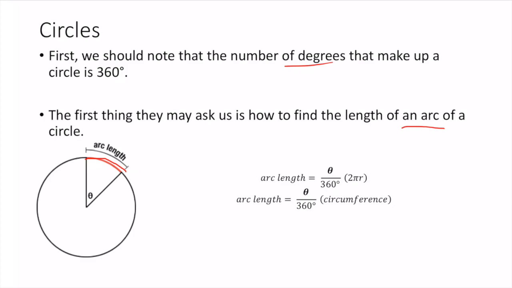We find the arc length by taking the angle, dividing it by 360 because it's a portion of the entire circle, and then multiplying it by 2 pi r, which is just the circumference. Doing the angle divided by 360 gives us a percentage of the entire circle.